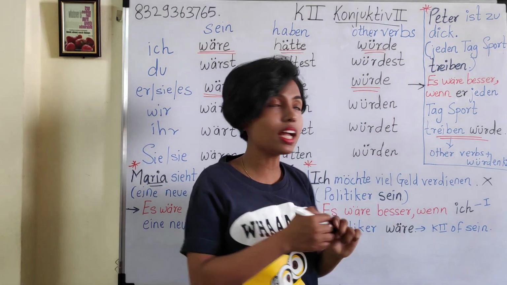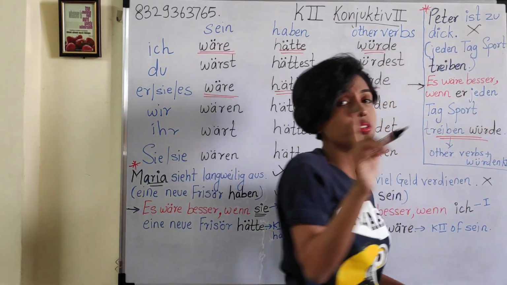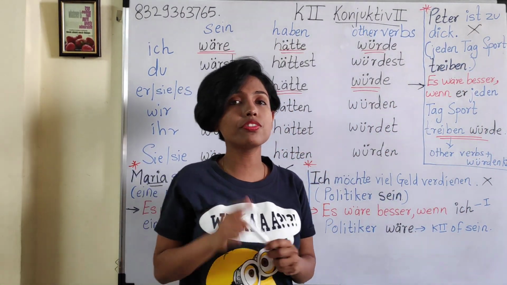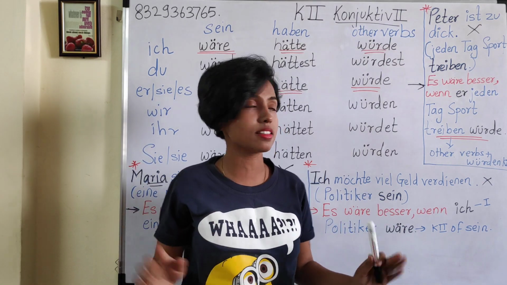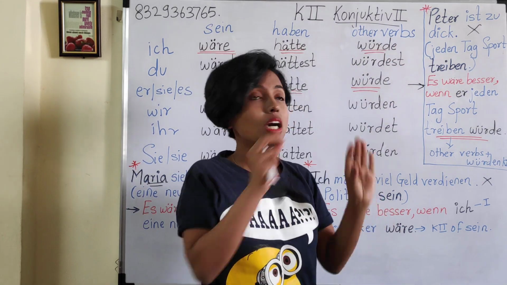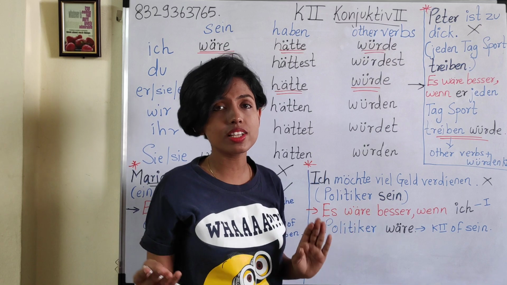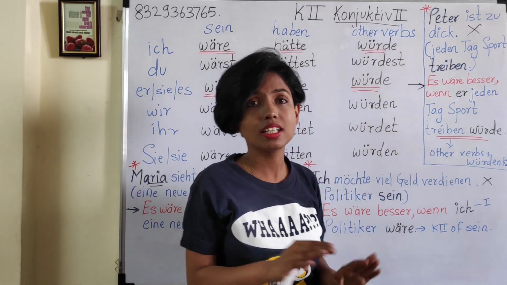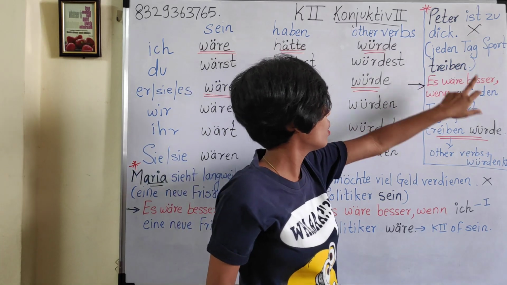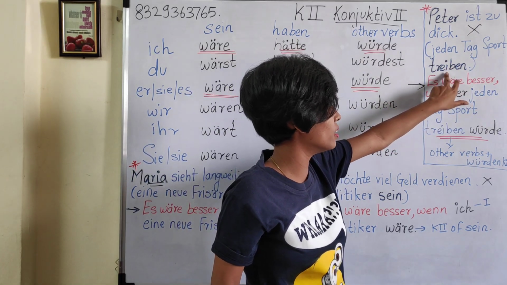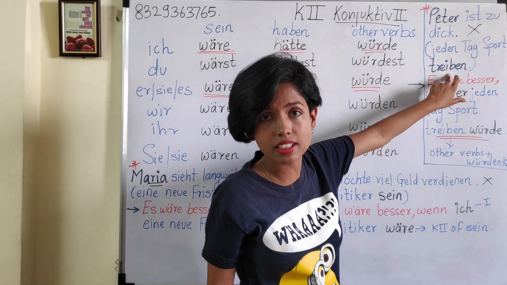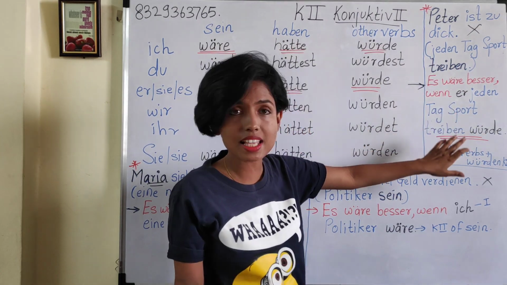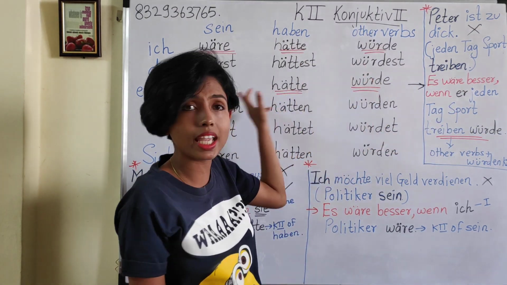And then the work is done. This line's work is done. Don't use that first line again. For the first line, you just take the pronoun and that's it. Then the bracket, you just copy paste it, like I always tell you: jeden Tag, Sport, treiben, that's it. And then one word is there, treiben. So instead of treiben, you will not write treiben as it is, because we don't have treiben K2.